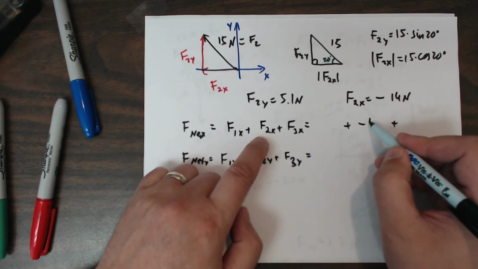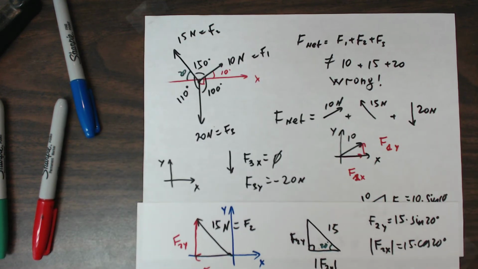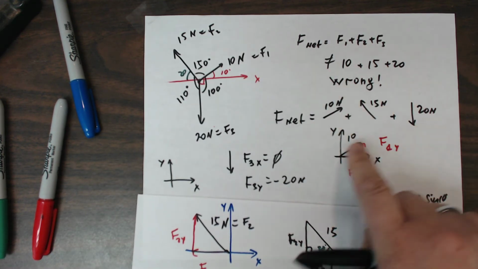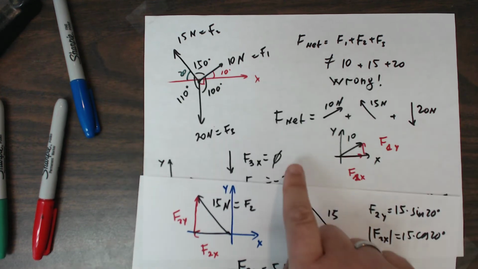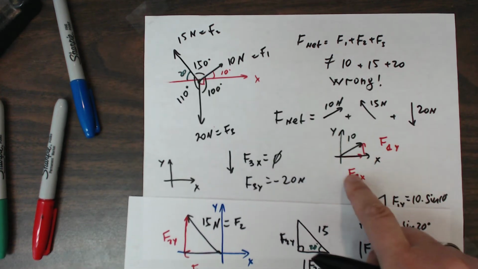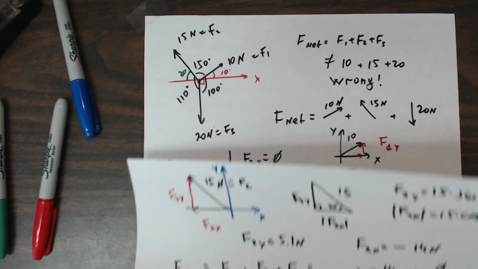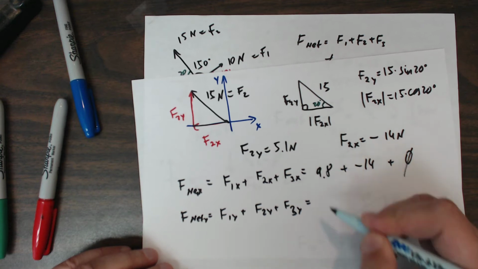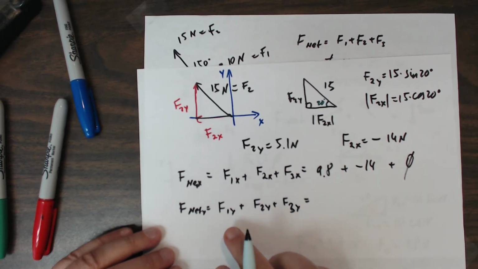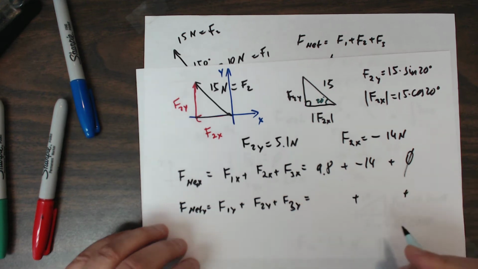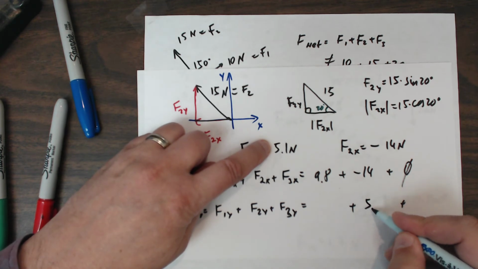This is negative 14. The force number 3 doesn't have the x component. The force number 1 has the x component equal to 9.8. And now plus, this equals 5.1.